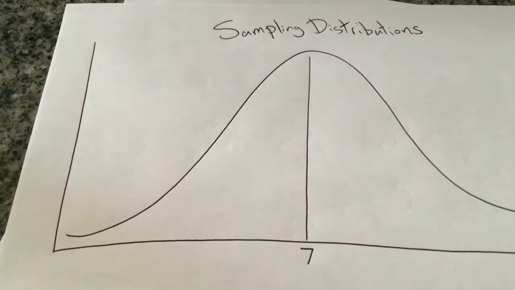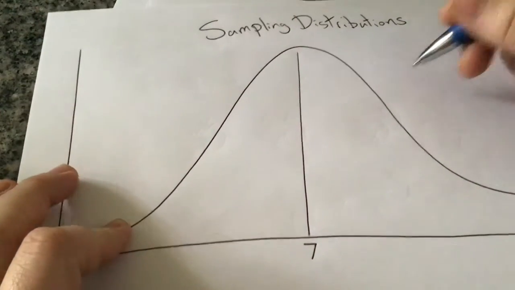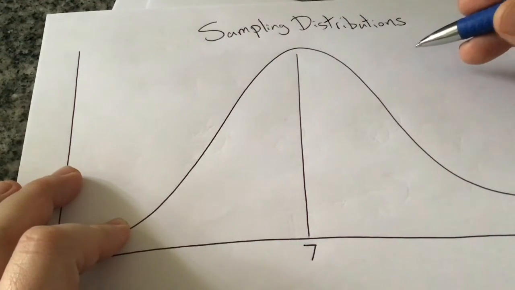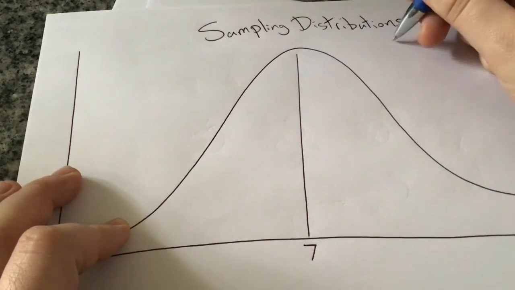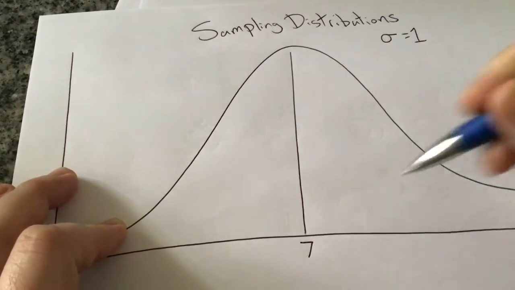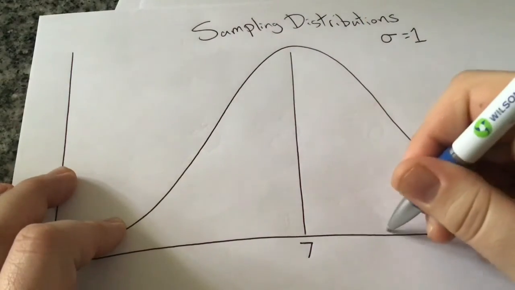Now, I'm just going to make up some numbers here for us, right, so that we can get the idea of this. Let's say that our sampling error, standard deviation, sampling variability, whatever it is, is 1. So then that would mean that we have a standard deviation of 1.